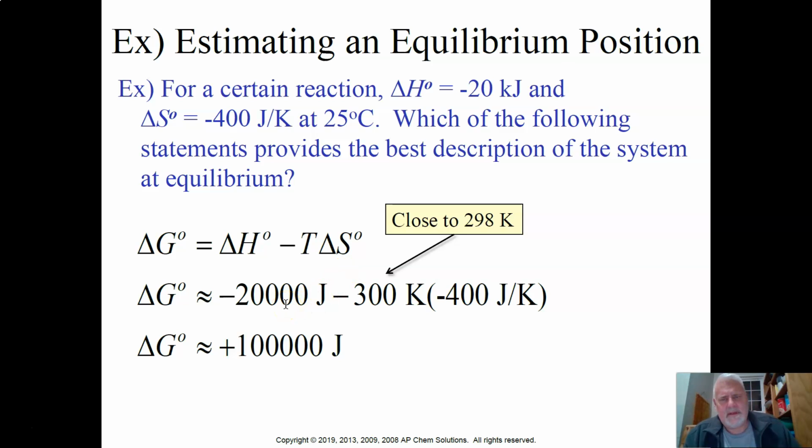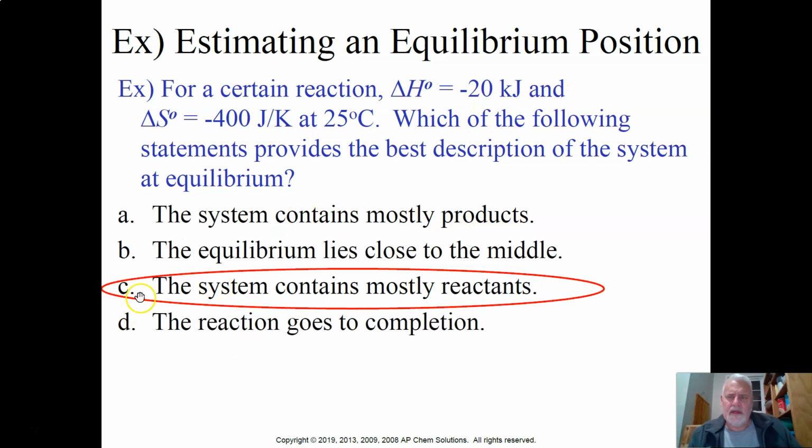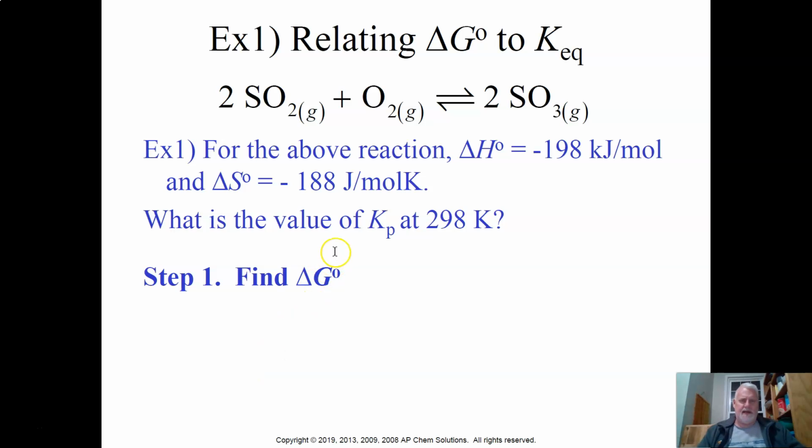Our cutoff point was 2,400, so it's got to be quite a bit larger. Anyway, the system contains mostly reactants because it is non-thermodynamically favored. So for this multiple choice question, the answer is C. It's going to heavily favor the reactants. Those are the kind of applications that you have right here.